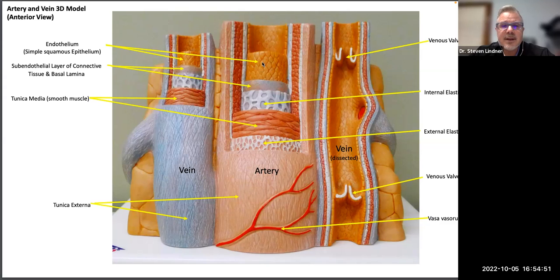So here's the tunica intima or tunica interna, which is made up of simple squamous epithelium. Sometimes it can be referred to as the endothelium. So many terms for that. As we move externally, the next important layer that I want you to know is the tunica media. The tunica media is in the artery and in the vein, as is the tunica intima or interna.